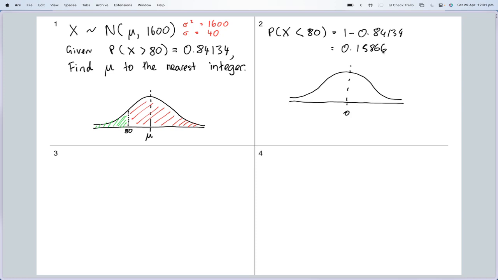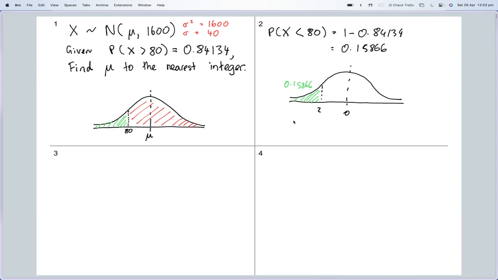We are looking for the value of z such that this green area here is 0.15866. We flipped it around because that's what we need for the inverse normal calculator function. So we find the position of z and then we're good to go.